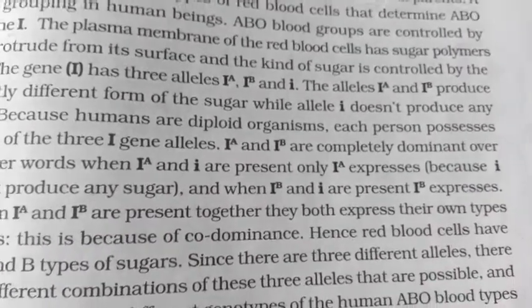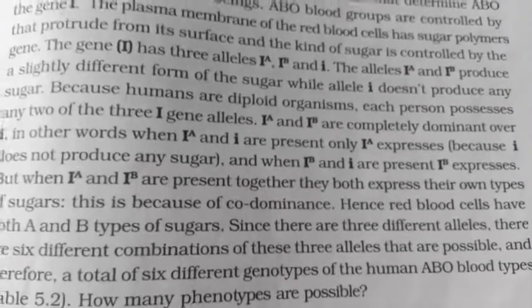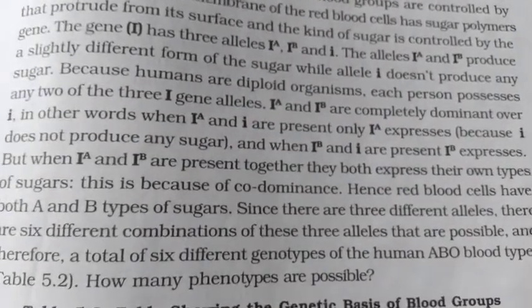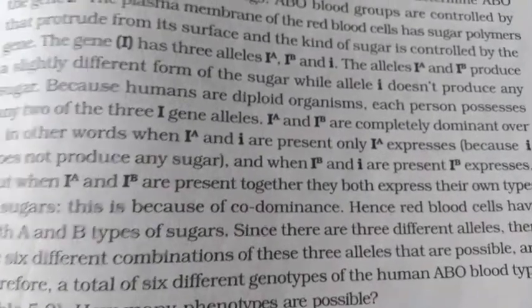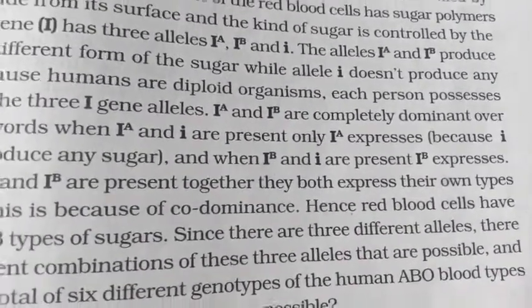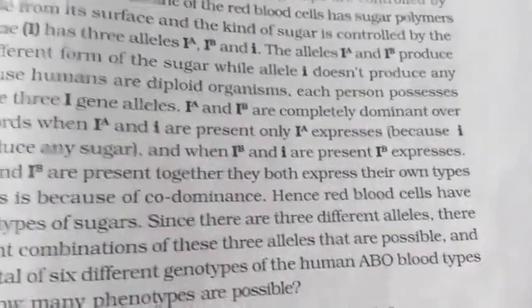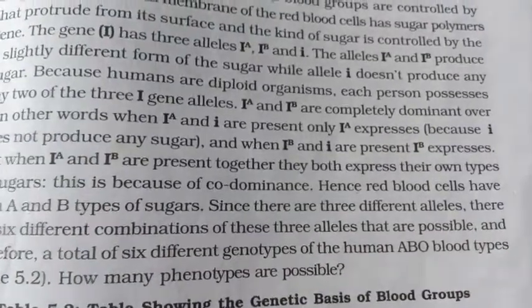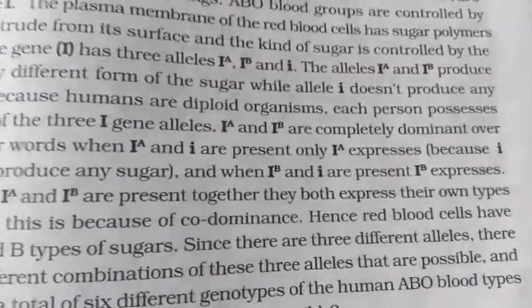IA and IB are completely dominant over small i. In other words, when IA and small i are present, only IA expresses, because i does not produce any sugar, and when IB and small i are present, IB expresses.